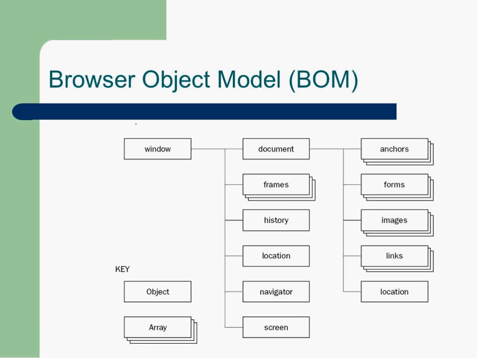These objects are there by default, the browser provides them, and it also provides an API to interact with them. How that works in detail we will see later, but these are the basic objects we have in JavaScript.